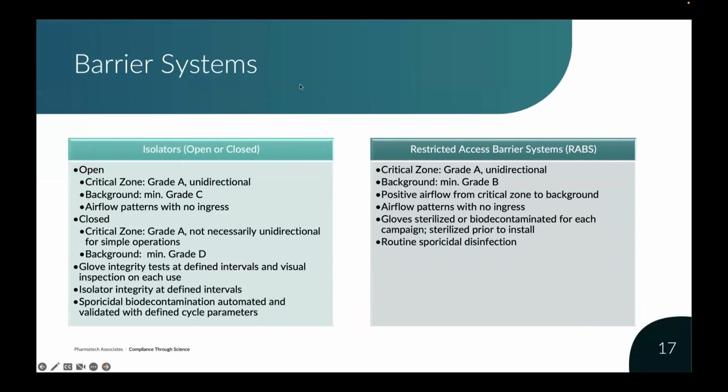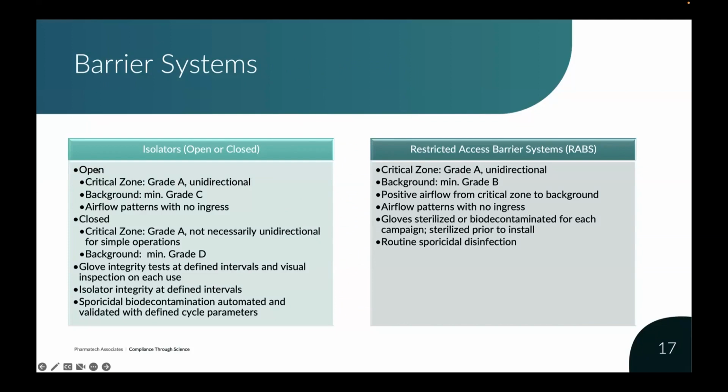The whole section on barrier systems has been very much reorganized and clarified. So it's broken up into two different areas: isolators, both open and closed, and restricted access barrier systems, or RABs.